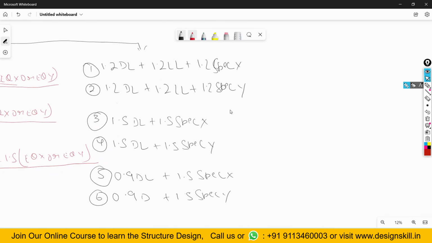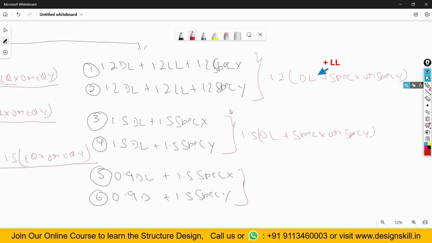So this combination I can write in short like 1.2 dead load plus spec X or spec Y. So this can be written in short. So this also can be written in short like 1.5 dead load plus spec X or spec Y.